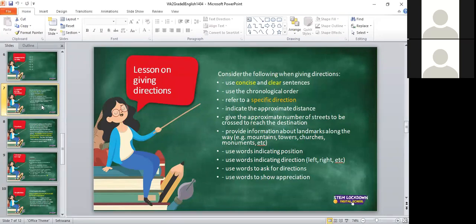Second pointer, you use chronological order. When you are giving somebody directions, you don't start there and go here and go there and mix that person up. To use chronological order, you just think of yourself going to that place. We are all home right now.